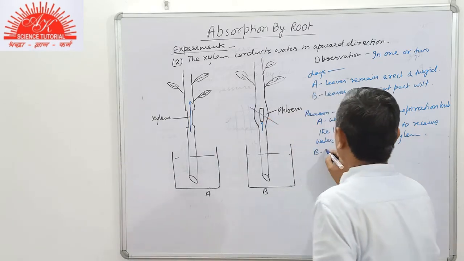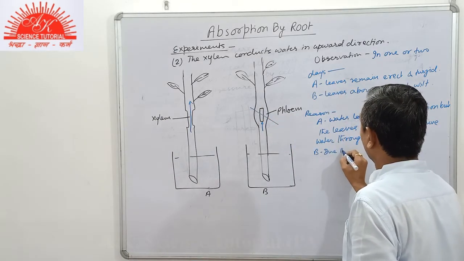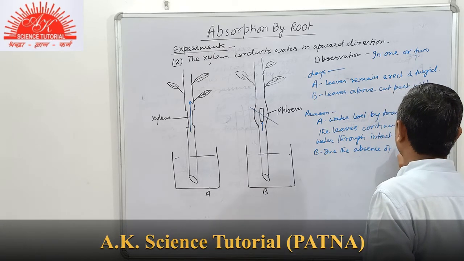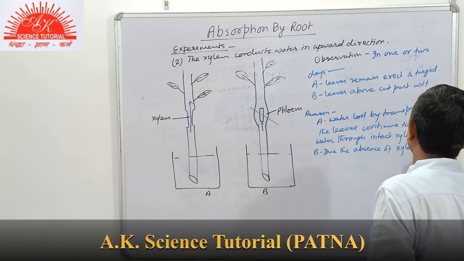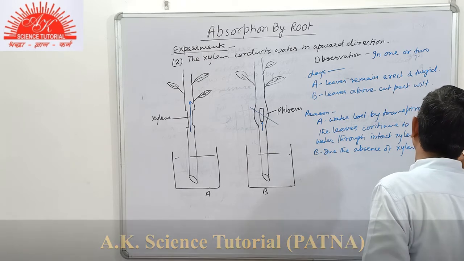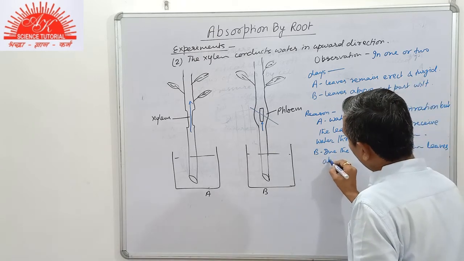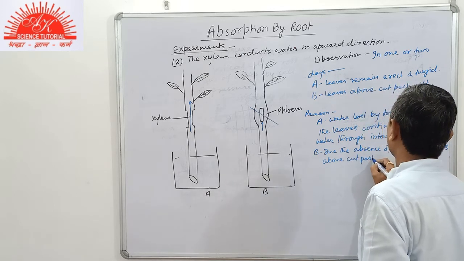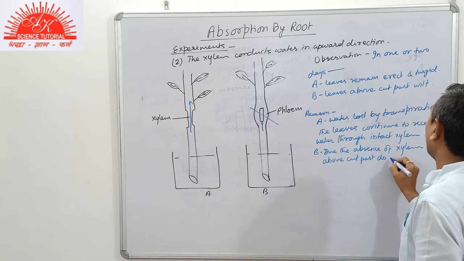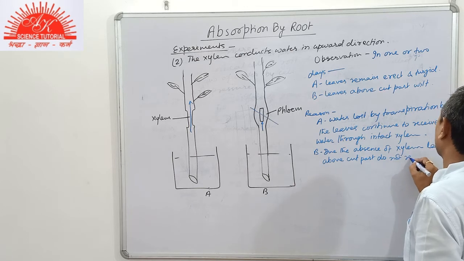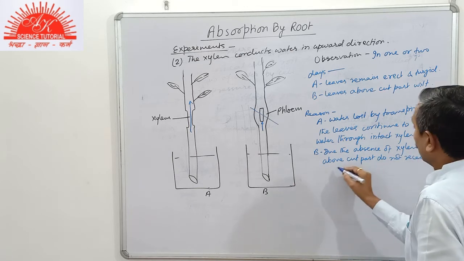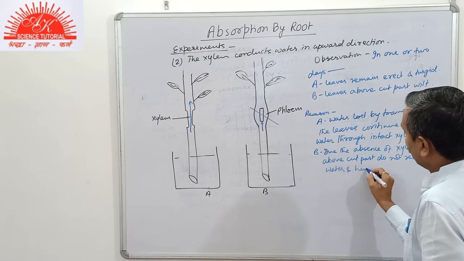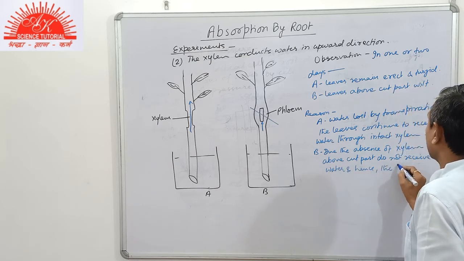So in B, due to the absence of xylem, leaves above the cut part do not receive water, and hence the leaves wilt.